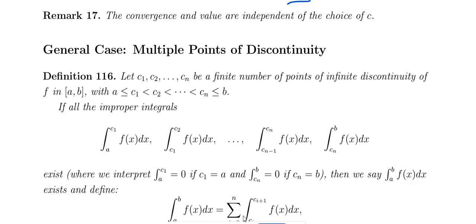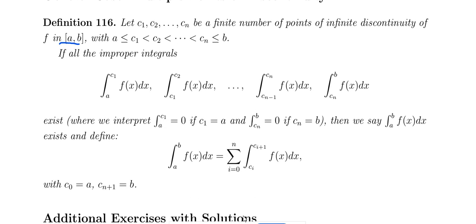So that is called C1, C2, Cn be the finite number of points of infinite discontinuity of f in the interval A, B. So Aவுக்கும் Bக்கும் இடையில் இவ்வளவு finite number of points of discontinuity இருக்கு. அப்படின்னா A to C1 f of x dx, C1 to C2 f of x dx, C2 to C3 f of x dx, Cn minus 1 to Cn, Cn to B f of x dx, இது எல்லாமே improper integrals. ஏன்னா இந்த எல்லா பாயிண்ட்டும் finite number of points of infinite discontinuity.